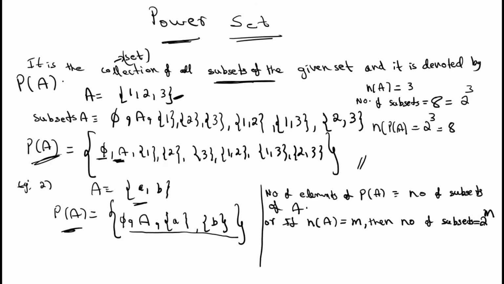If the number of subsets is 2 to the power m, then the number of elements in the power set of A is nothing but the number of subsets, which is 2 to the power m. It's a very important formula. If n of A is equal to m, then the number of subsets is 2 to the power m, and also the number of elements in the power set of A is 2 to the power m. Why? Because the elements of the power set of A are nothing but the collection of subsets.